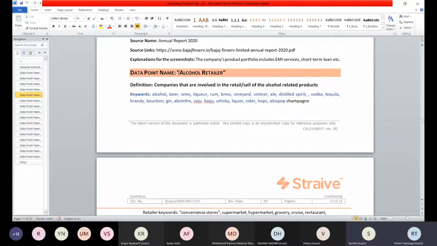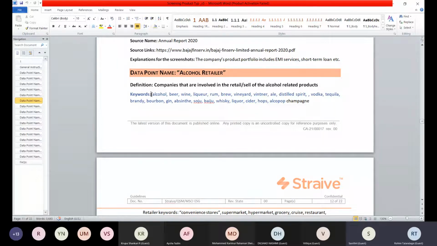As earlier we discussed, we have alcohol producer, right? There we were checking for the alcohol producer. Now for this data point, we need to check whether any company is involved in selling alcohol related products.